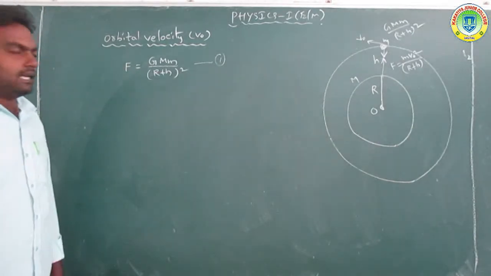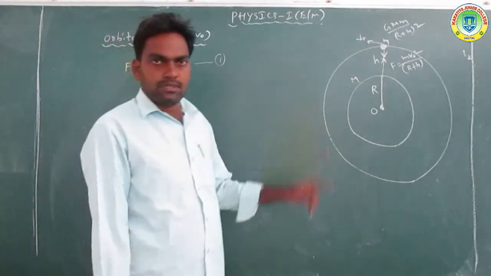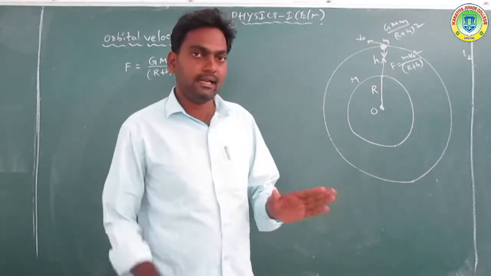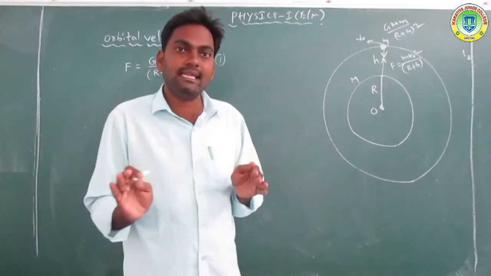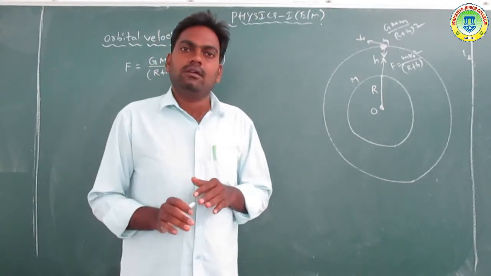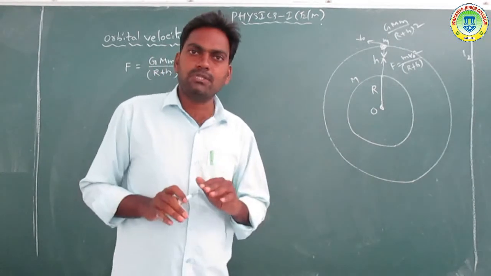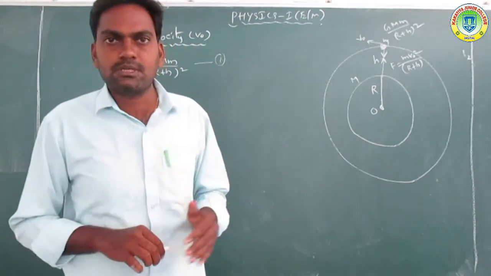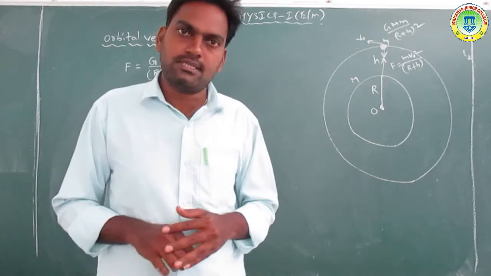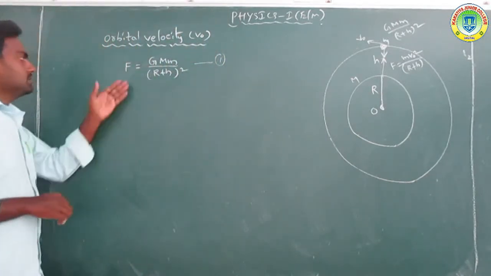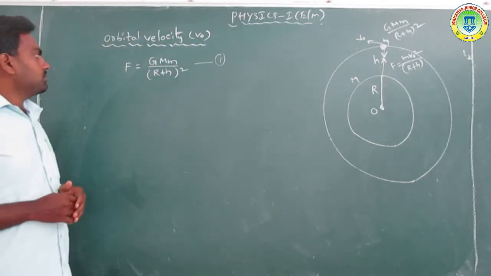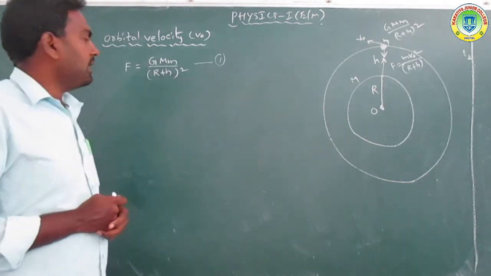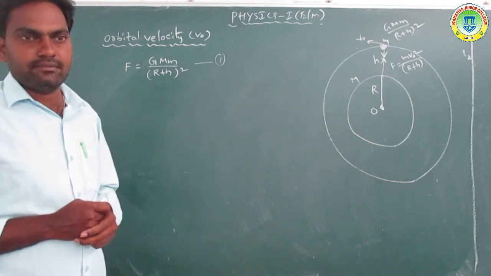Now the centripetal force is equal to the centrifugal force, because the satellite is continuously revolving in a circular orbit, so the two forces are equal and opposite. The gravitational force F is G capital M small m by (R plus h) whole square.